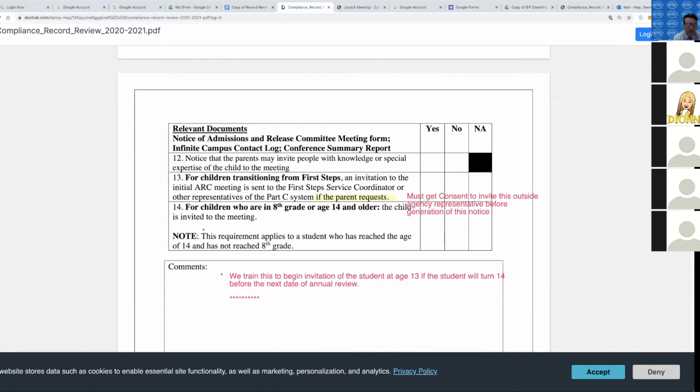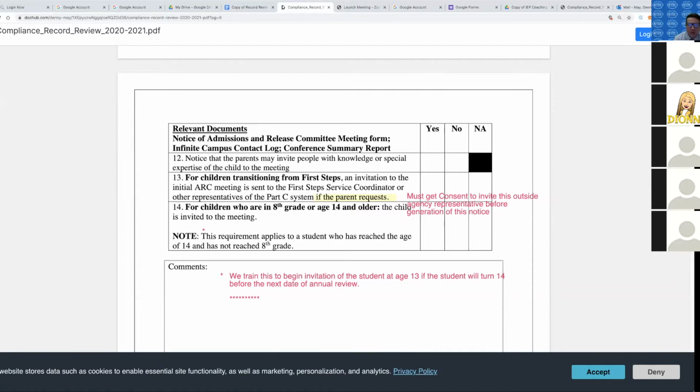You have to have permission from the parent to invite that coordinator. So when that child becomes your child and you're having that initial meeting and you're going to plan the evaluation for that 3-year-old, you need to make sure that before you invite that First Steps coordinator, you have permission from the parent to invite.